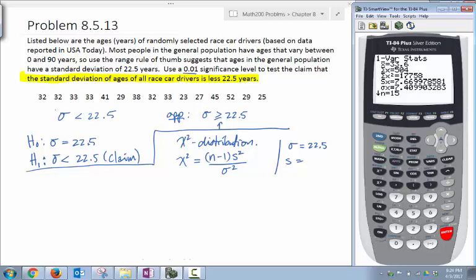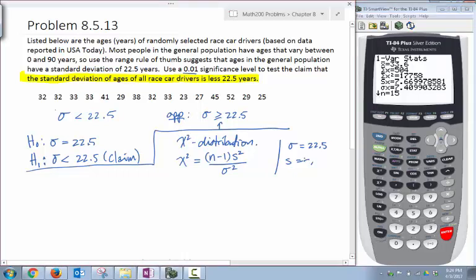If I run that, my s is 7.66997. I'm going to put 7.66998 because I'm going to find the variance of that, and I'm going to want to square it.